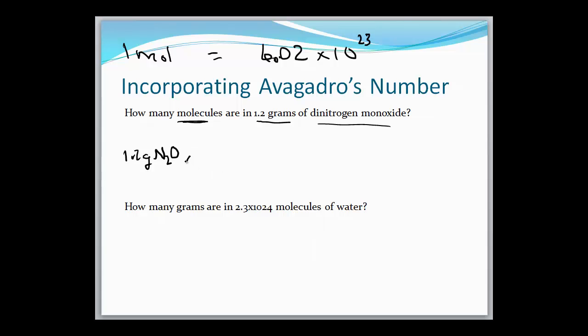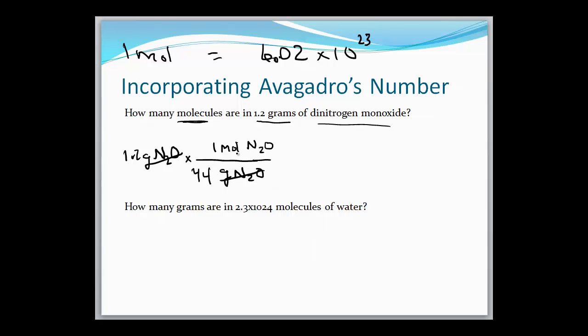dinitrogen monoxide. Now your first conversion here, we're starting with grams, so put that in the denominator. Now the only thing we can go from grams to is moles. 1 mole, 2 times 14 plus 16 is 44 grams. So our grams cancel.